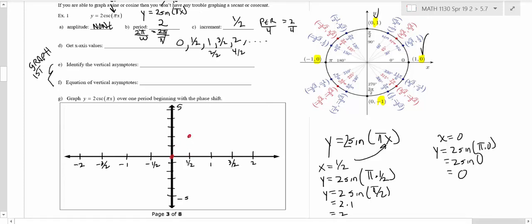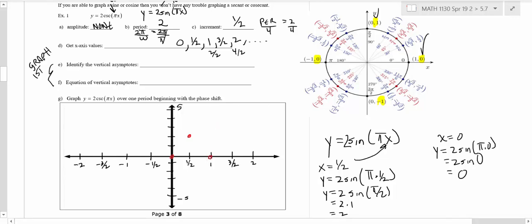Now you don't have to do all this stuff. If you remember that the sine starts at 0, then goes to 1, the only thing that's going to happen is the amplitude is going to change. So where's the next point? It's going to be there, then where? Down to the minimum at -2 and so forth. So see, if you can get 2 points, then you know the cycle and you're in good shape.